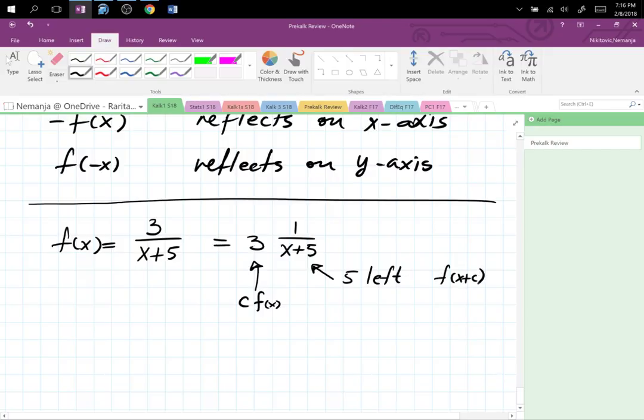If you're adding, it's a shift to the left. So the default state for the function 1 over x is this.